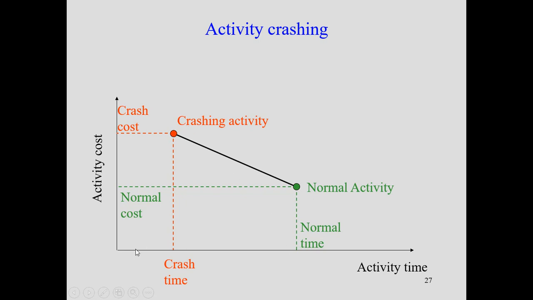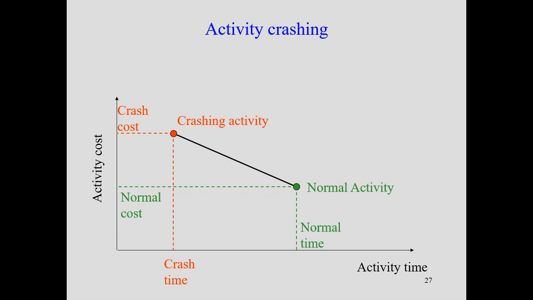So we can see that this normal activity costs this much, and if I am going to crash this particular activity to the minimum, or reduce the time of this particular activity, I definitely have to pay extra money.